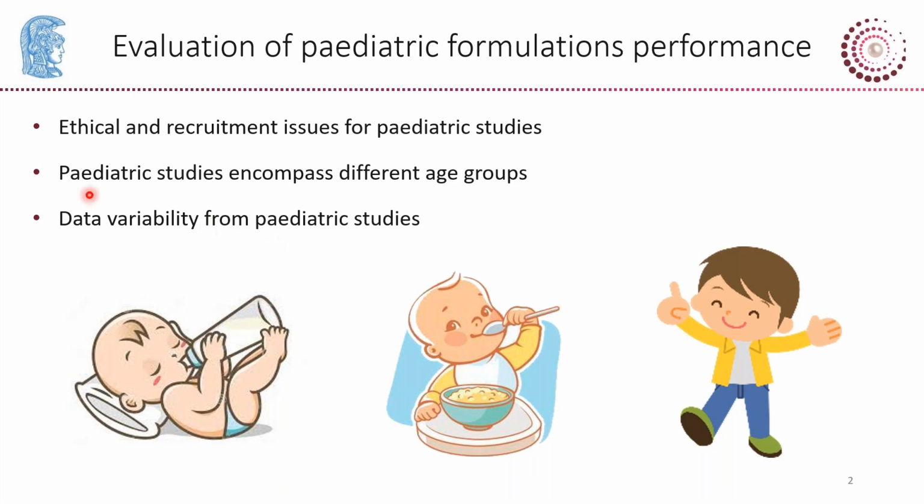However, ethical concerns and the recruitment issues can limit clinical testing in these different age groups more than in adults. In addition, differences in gastrointestinal physiology across pediatric subpopulations and differences in meals administered to evaluate the impact of prandial conditions can increase data variability and can also decrease their usefulness.